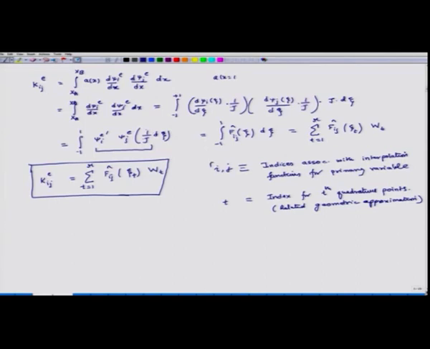So, if i and j vary from 1 to 4, then this gives us the value of m. We saw it last week, and this gives us the value of n. And if m equals n, then what kind of formulation is this? Isoparametric formulation. If m is less than n, then it gives us subparametric formulation, and if m is more than n, then it gives us superparametric.